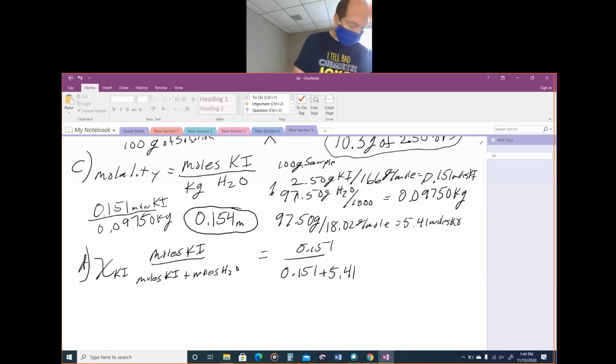So you take your 0.151 divided by the addition of 0.151 and 5.41, and you get your mole fraction, which is 0.0272.